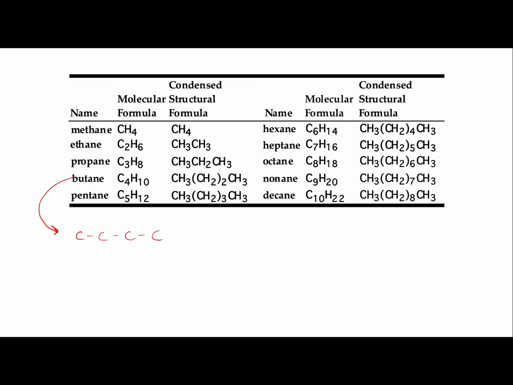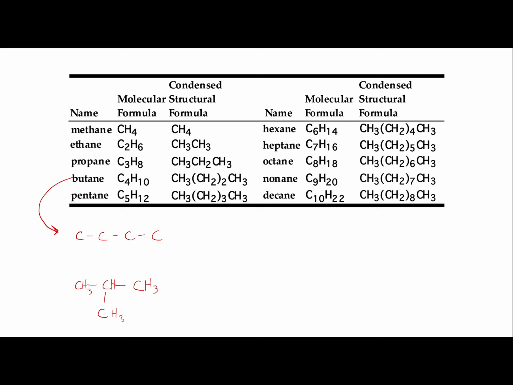Now, I'm not going to put all the hydrogens in. We know hydrogens would fit everywhere on here. But I could also arrange this as 3 carbons in a row with a branch off of the middle carbon. Now, this will still give me 10 hydrogens.